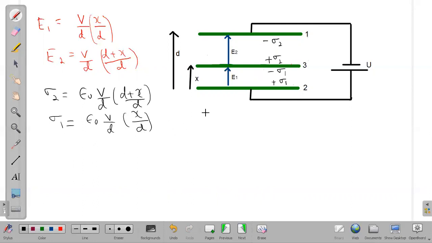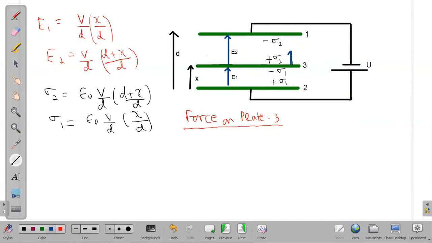Now we have to find the force on plate number 3. What are the forces acting on plate number 3? The first force acting on plate number 3 is the force by minus sigma 2 on this plus sigma 2, acting in the upward direction.